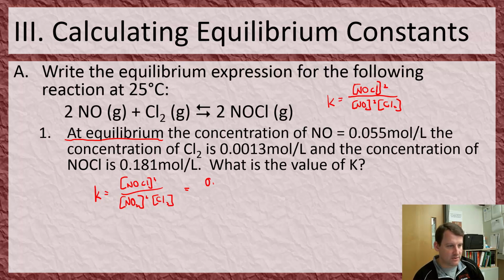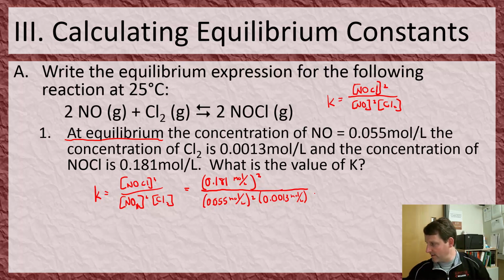So 0.181 moles per liter squared divided by the NO concentration, which is 0.055 moles per liter squared, times the Cl2, which is 0.0013 moles per liter.